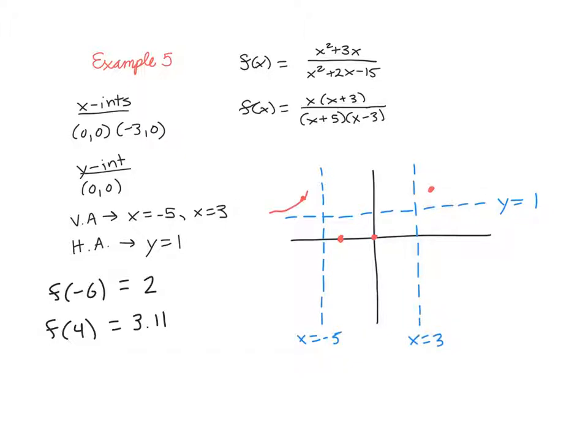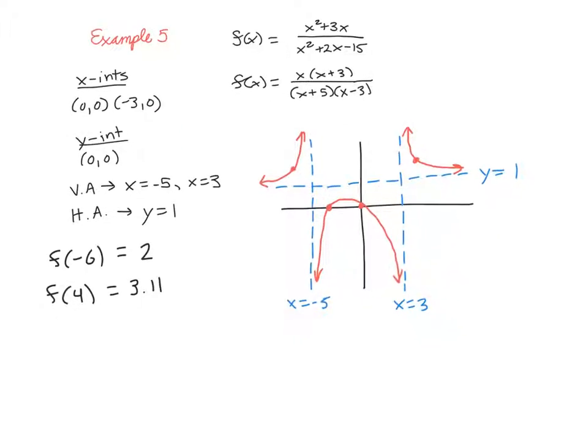So that means I'm going to have a graph that looks like this, and then another portion that looks like this. Since I have these end behaviors, I can probably guess that my end behavior is going to be opposite on the other side of my asymptote. So I'm predicting that I have something that looks like this.